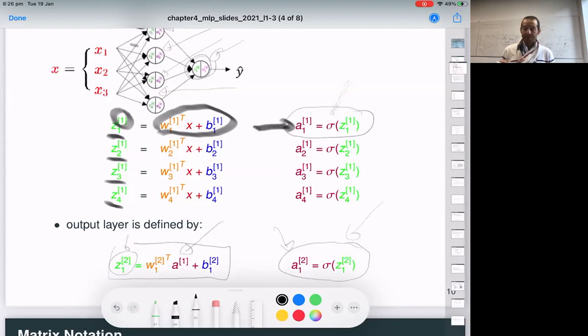Yes, good point, Jade. Each time a neuron works like this: when you enter the neuron from another part, all of these arrows are combined with a linear combination, and you have a bias. In the second part, you apply an activation function, which most of the time is nonlinear.